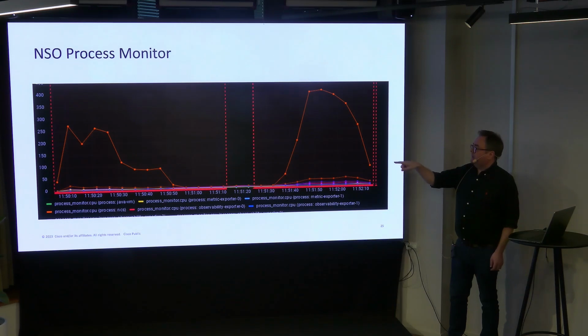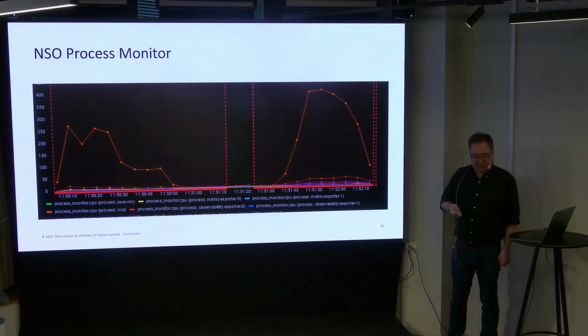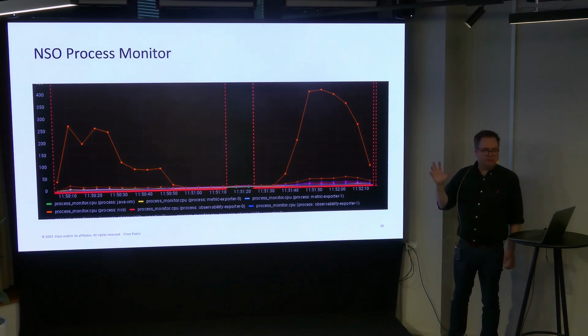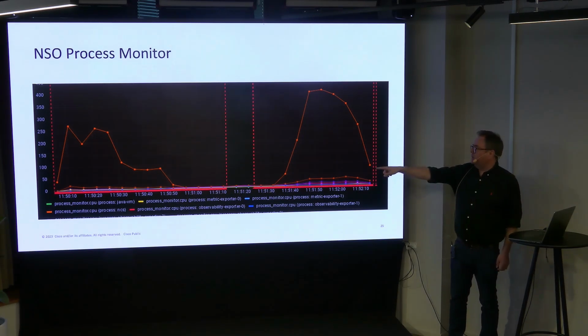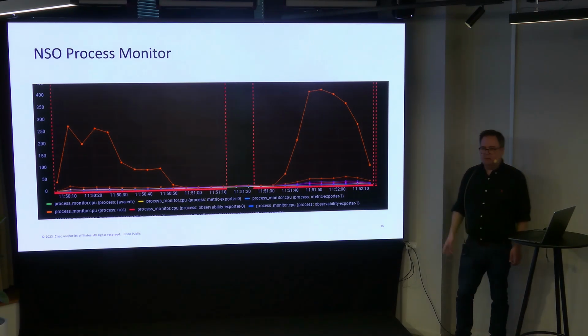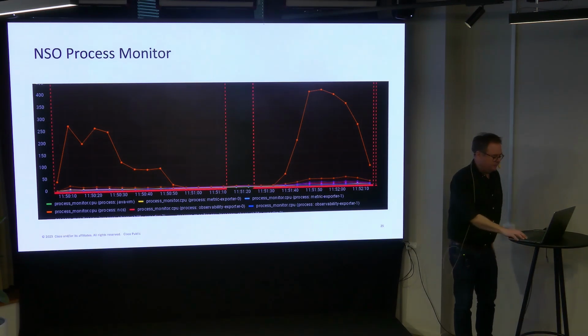So this is the test case I showed you earlier with nano services, and this is from the CFS node. What you can see there is we are trying to push as many services as possible, but the CFS node is quite loaded in the beginning, but then in the end it idles. So why does that happen? We need some more information.